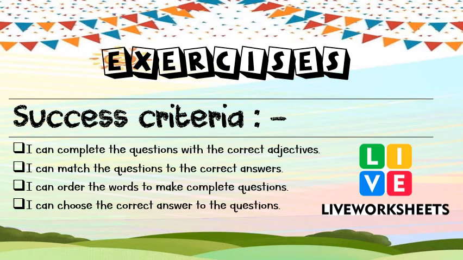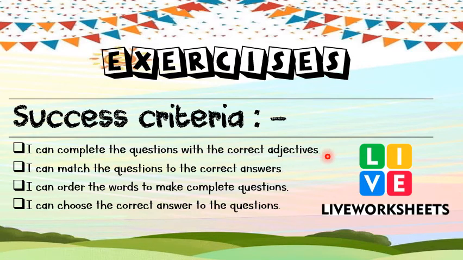So, for the exercises that you will do later, before you do the exercises, let's take a look at the success criteria. Look at success criteria 1. I can complete the questions with the correct adjective.